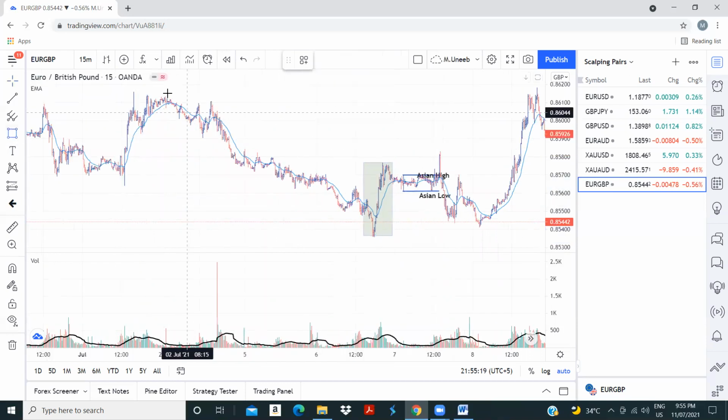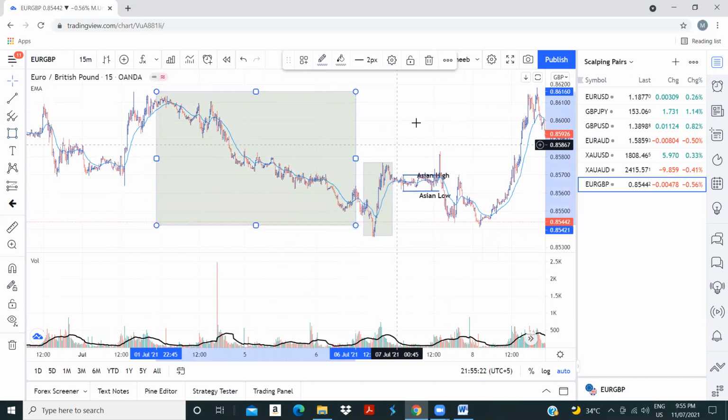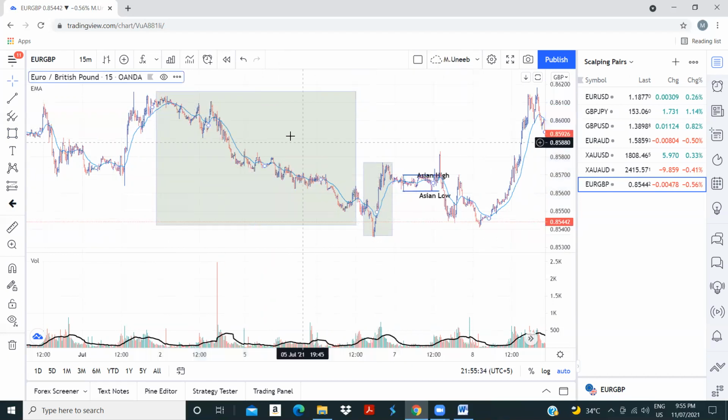The first was an up push, a bullish bias, an impulsive bullish wave. This one is a downtrend. Now what can we establish here?